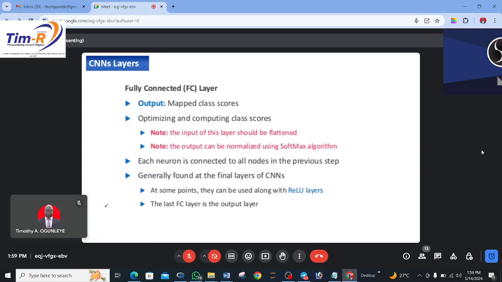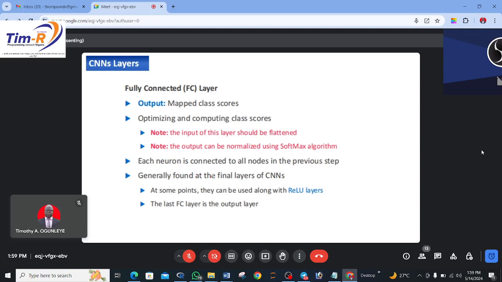And we have what I call the fully connected layer, where we have the output. It has to do with the mapped class scores, and with optimizing and computing class scores. We should know that the input of this layer should be flattened, and the output can be normalized using the softmax algorithm.